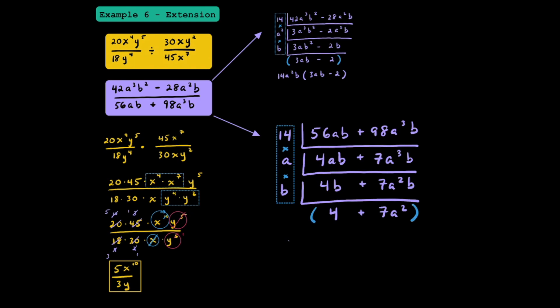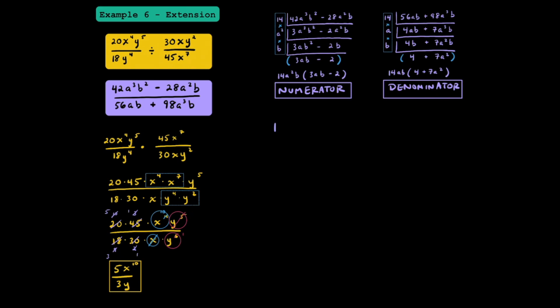The denominator can be written as 14ab, which is the GCF, times a quantity of 4 plus 7a squared. Let's rewrite our fraction now. We have 14a to the second power b times a quantity of 3ab minus 2 all over 14ab multiplied by the sum of 4 and 7a squared.